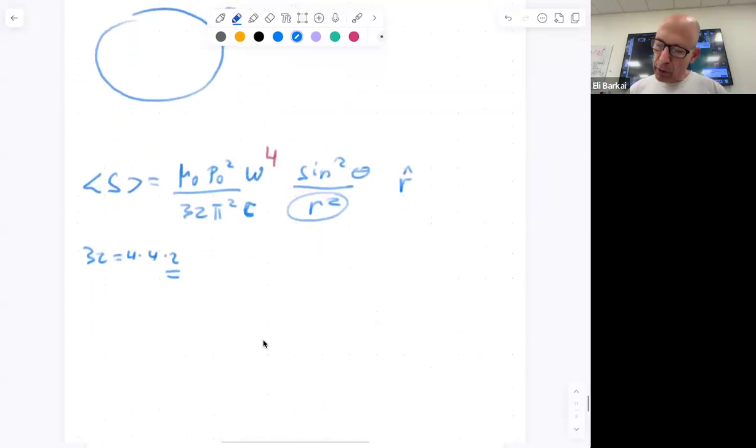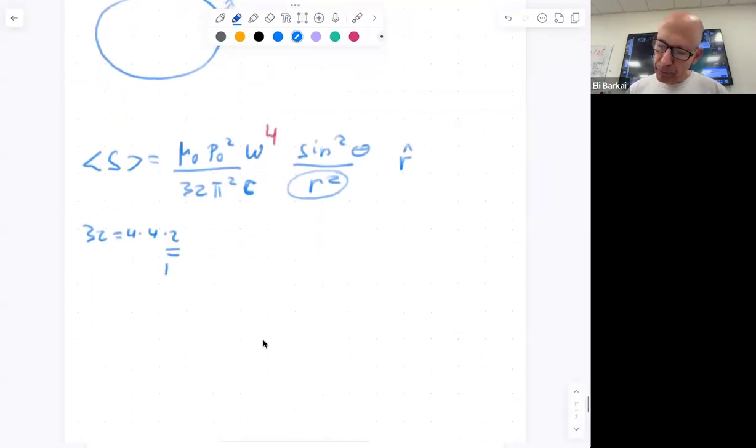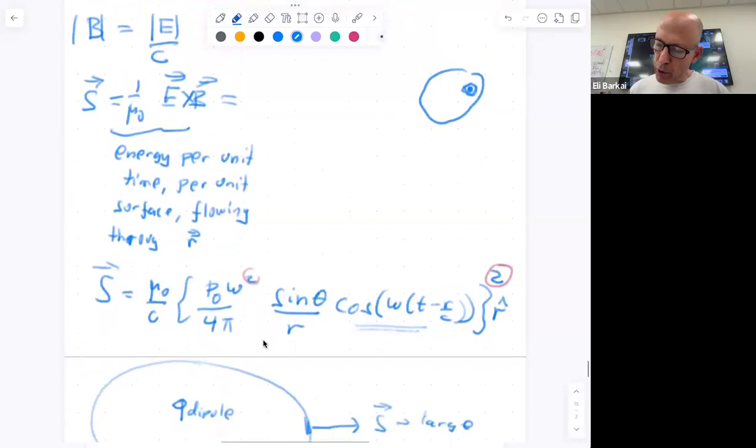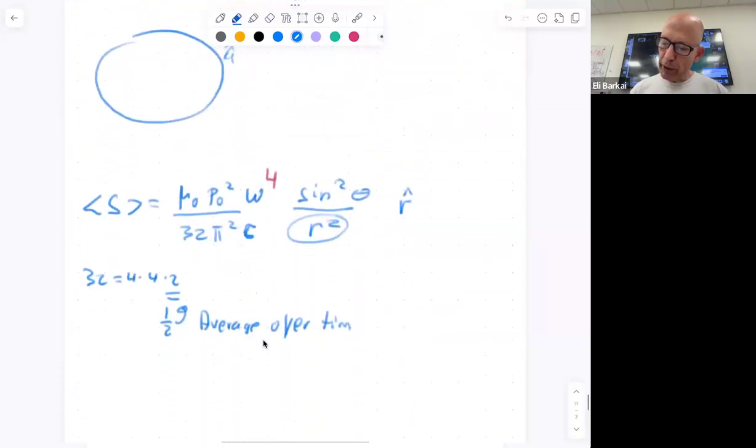That's from the averaging over time. And the 4, this is the famous 4. You multiply it by 2, so we get this 32 here. But it's not so important.